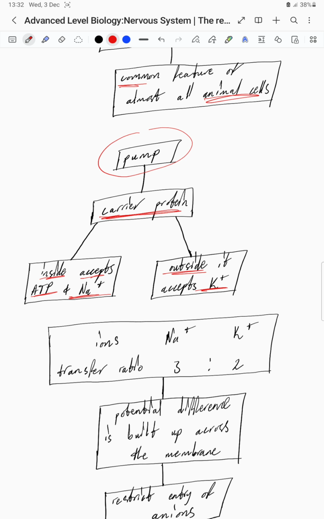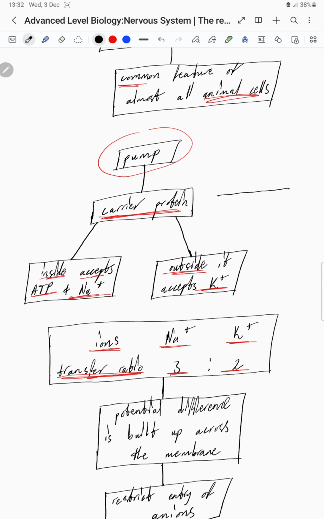There is a ratio on the ions. This is the sodium ion, the potassium ion. There is a transfer ratio which occurs. It's 3:2.